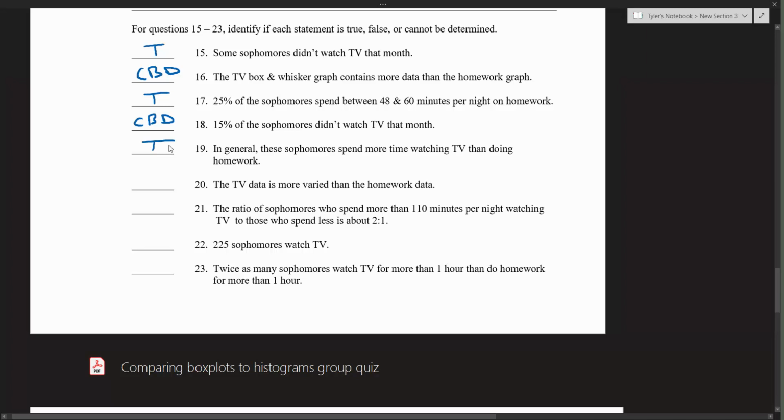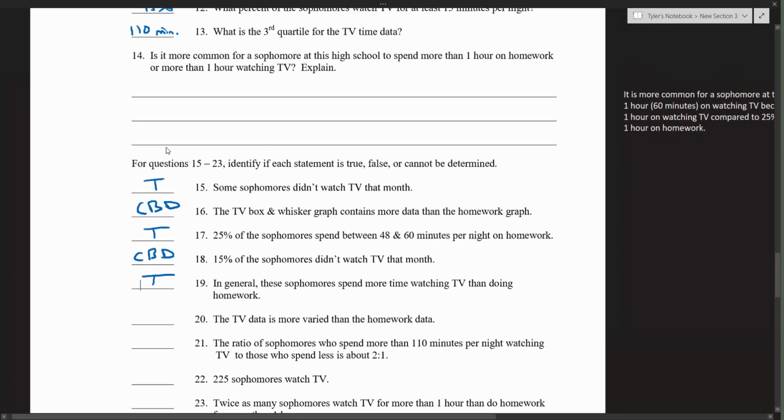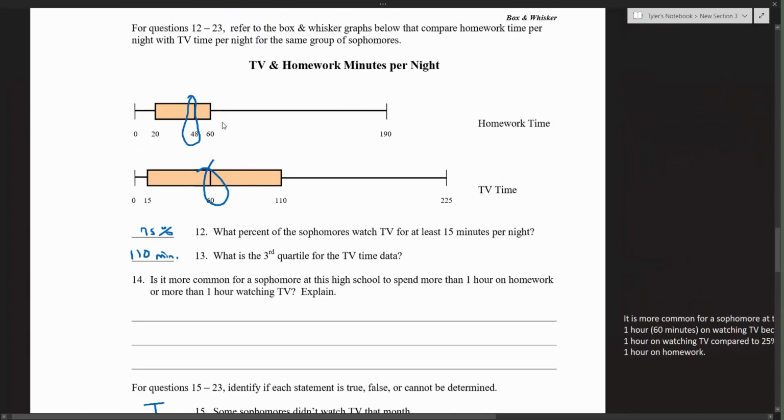Number 20, the TV data is more varied than the homework data. To talk about variance of a box plot, we're thinking about the interquartile range. Visually on the box plot, remember that the distance across the box is the interquartile range, because the interquartile range is Q3 minus Q1. For homework time, the interquartile range is 40, 60 minus 20.